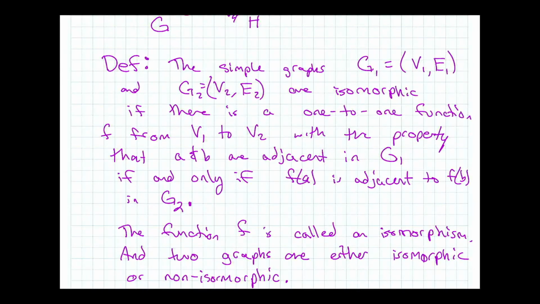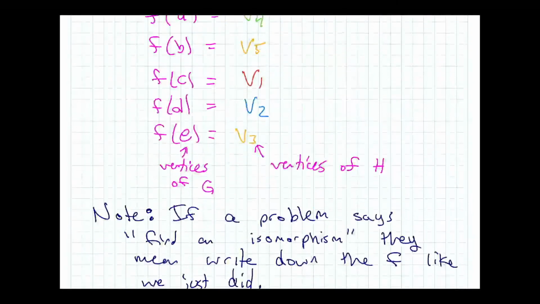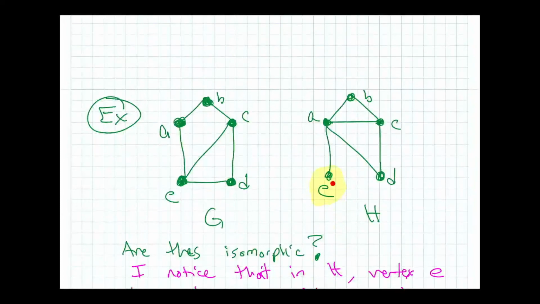It says one-to-one function, which one-to-one means just every vertex in G matches up with one vertex in H, with the property that A and B are adjacent in G if and only if f of A is adjacent to f of B. So what that means is if E is adjacent to only one vertex, then due to the one-to-one property that must preserve all those adjacencies, there must be a vertex over here that has only one neighbor, and there is none, right?